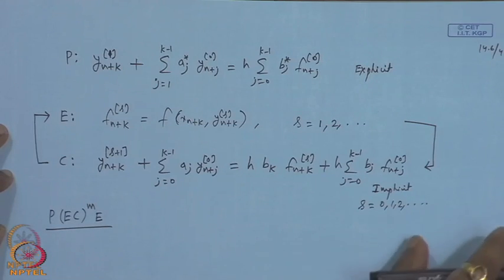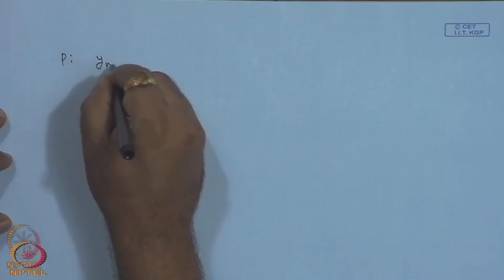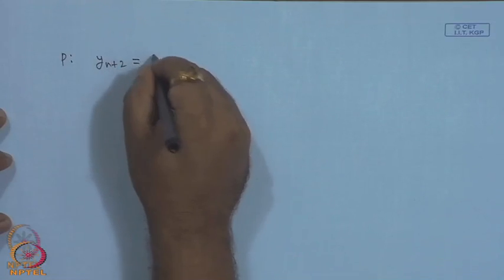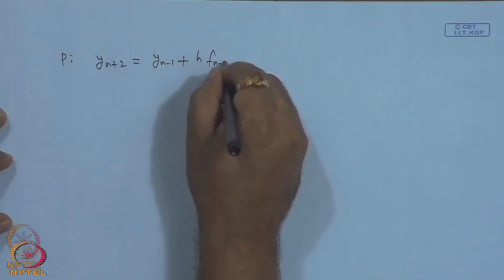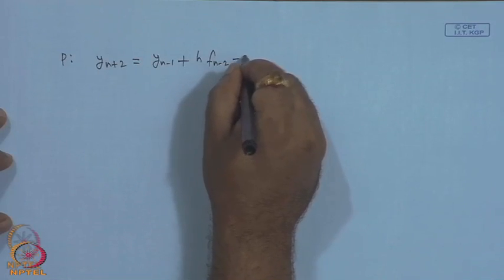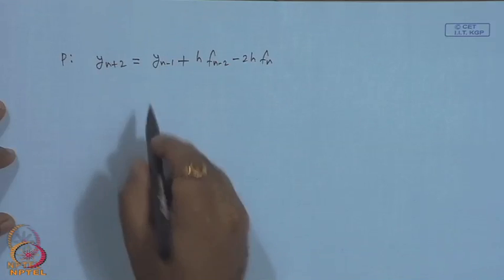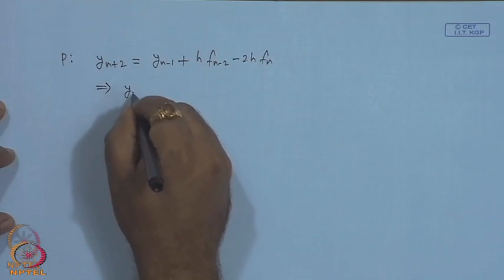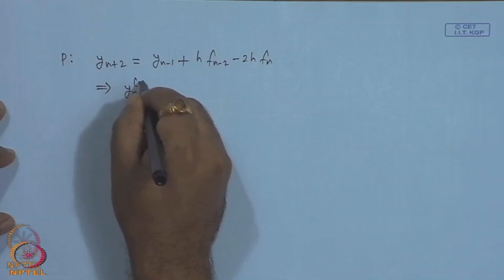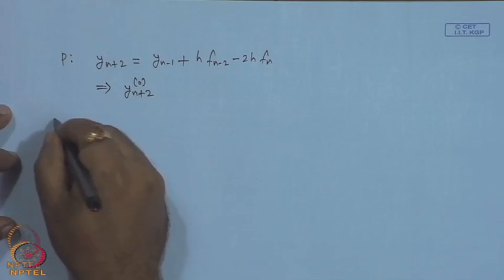For example, suppose we have this. Using this we get the predicted value, then we evaluate.